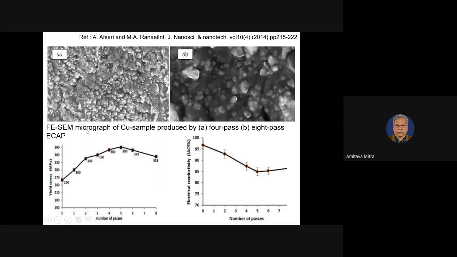Not only does it change the strength of the material, it also changes the functional properties, that is, the electrical conductivity of this material. So with the number of passes, there is a change in the electrical conductivity of the materials.